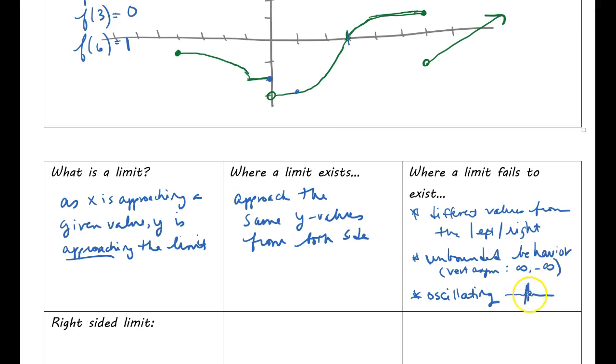It's like jumping all around and it's not really defined. That's what I'm talking about by oscillating behavior. But any other case, you do have a limit. So what we're going to do is talk about the notation now for limits, and then how to actually approach it with the graph above, okay?